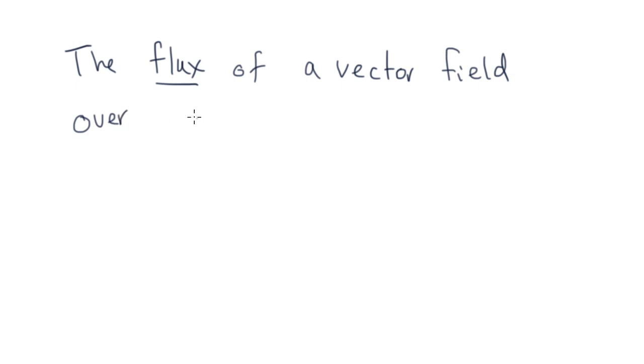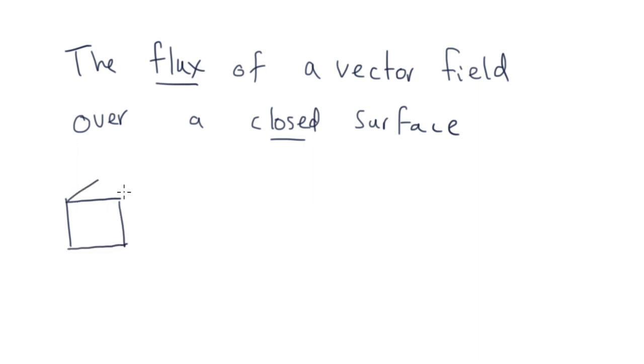over what's called a closed surface. Now what I mean by closed surface is a surface that's actually the boundary of a volume region, like this. So you can just think about a cube.